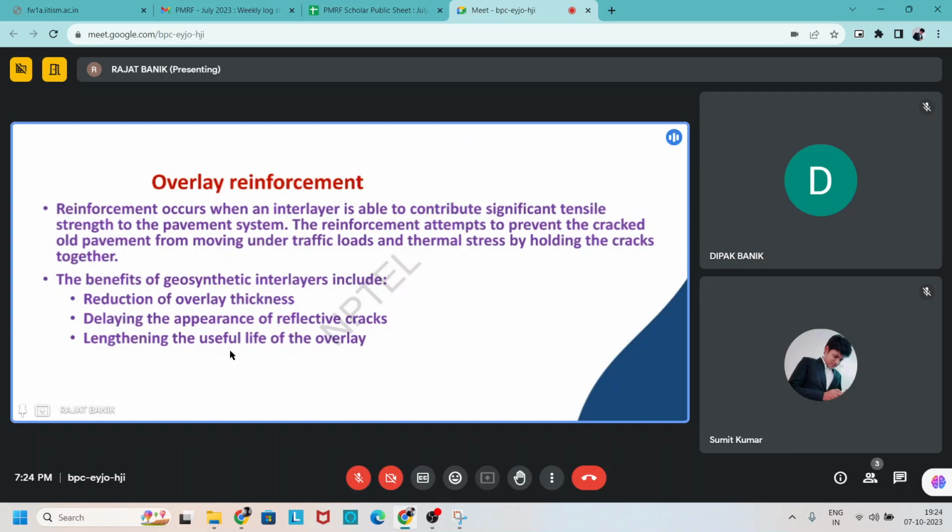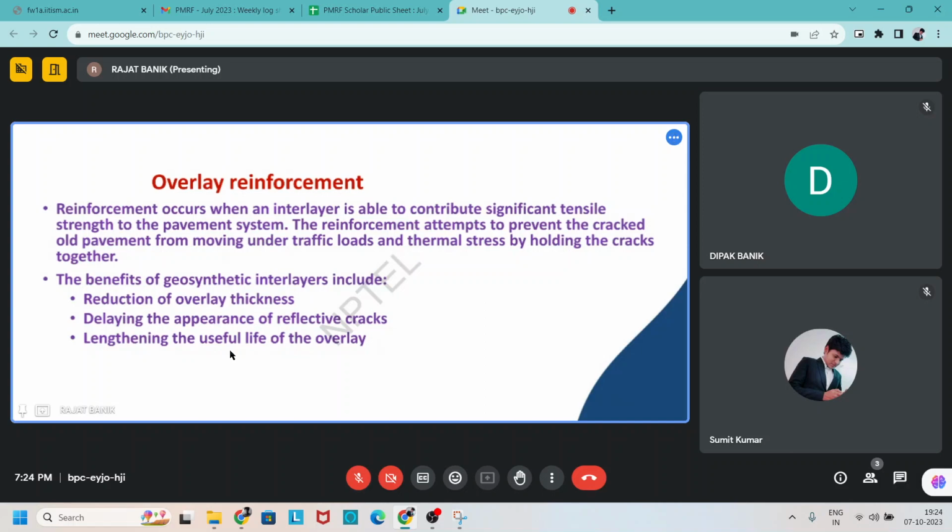That means there may be a possibility of the old surface cracking due to the generation of tensile forces. And this may happen due to traffic load or thermal stress. We can use this geosynthetic material as a reinforcement over the surface, and we can reduce the possibility of cracks due to the generation of tensile force.